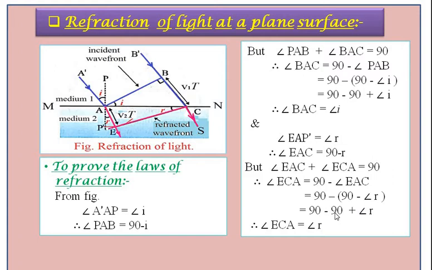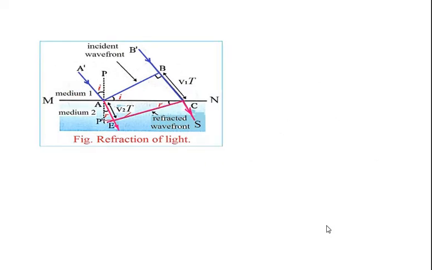This 90 gets cancelled. We get the value of angle ECA equal to r. Means we have obtained the value of angle i and the value of angle r.